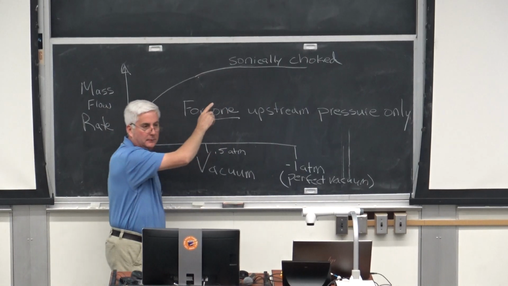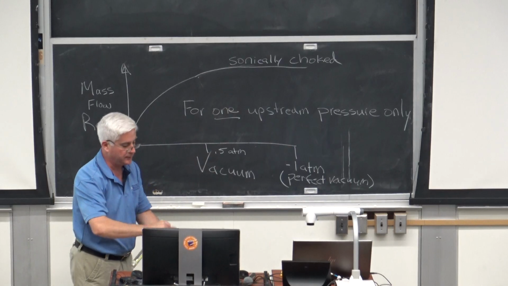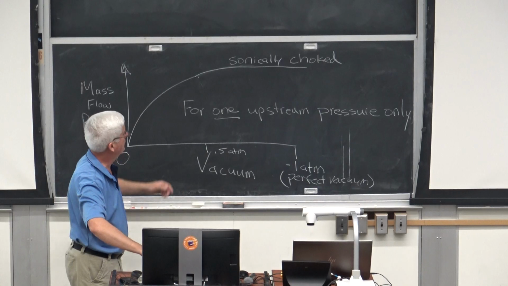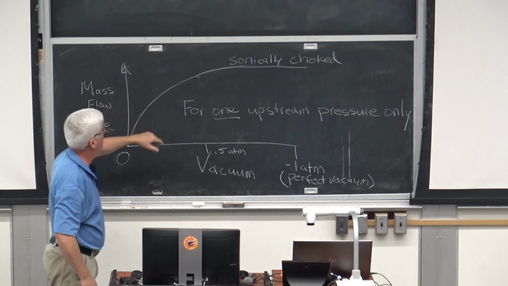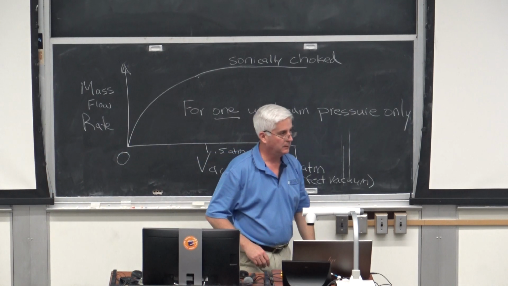That's going to flatten out. When you hit Mach 1, right in this narrowest opening right here, it's going to become sonically choked. And then you'll be right here. And you will not flow anymore unless you do something to the upstream pressure.